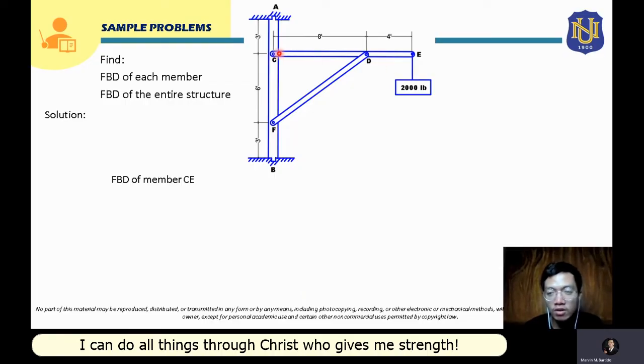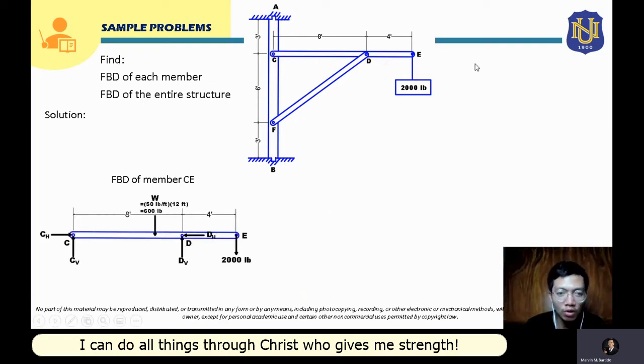The bar CE is supported by a pin here at point C, and also supported by a pin here at point D. Those will be the supports, so we will remove them. So we will draw the rod CE.